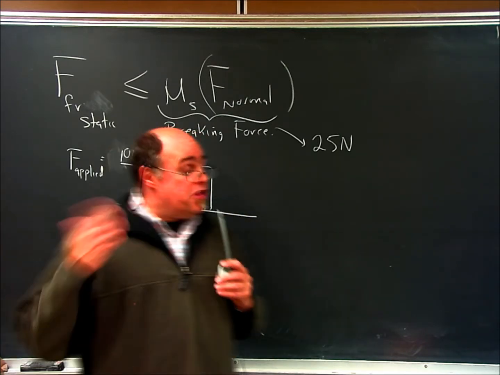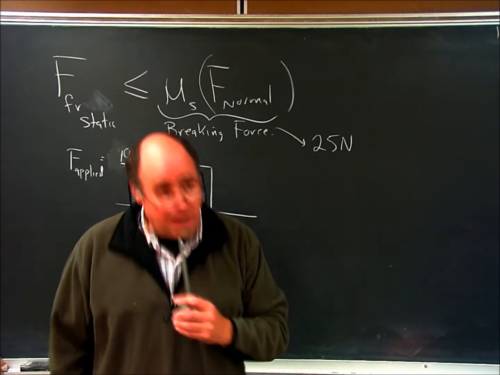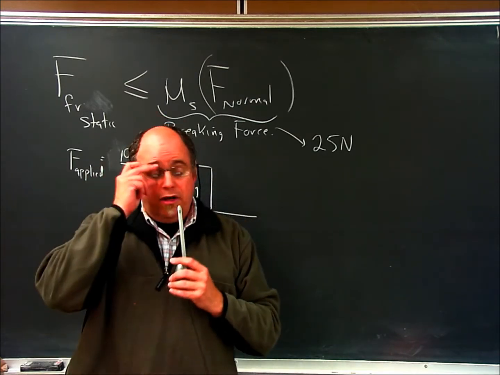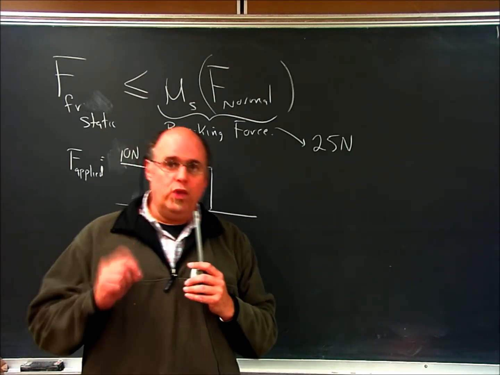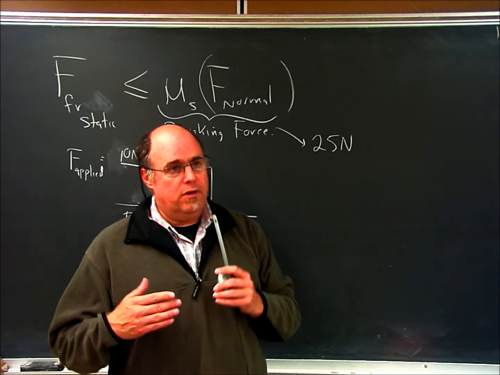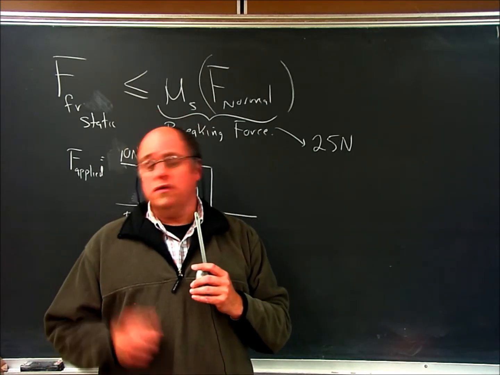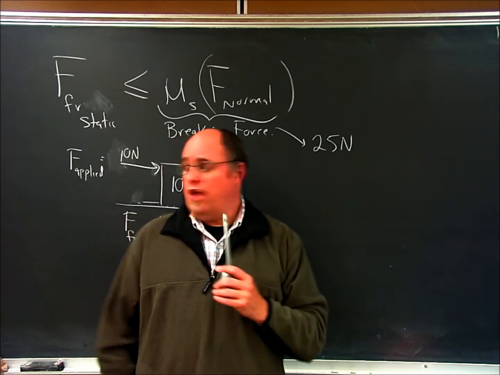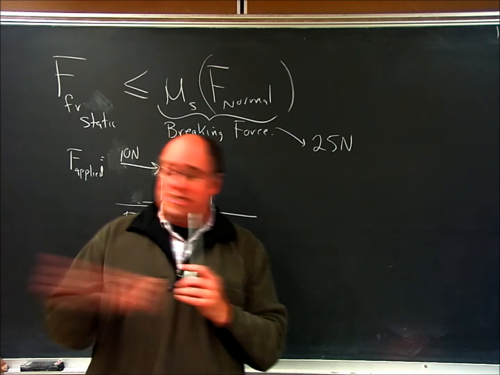Somebody in a testing room has pulled on it with machines and certified that it will not break up to 10 pounds of force. Now, if you give it 11 pounds of force, you might be testing the limit. 12 pounds, you might be testing the limit. 13 pounds of force may just snap that rope.